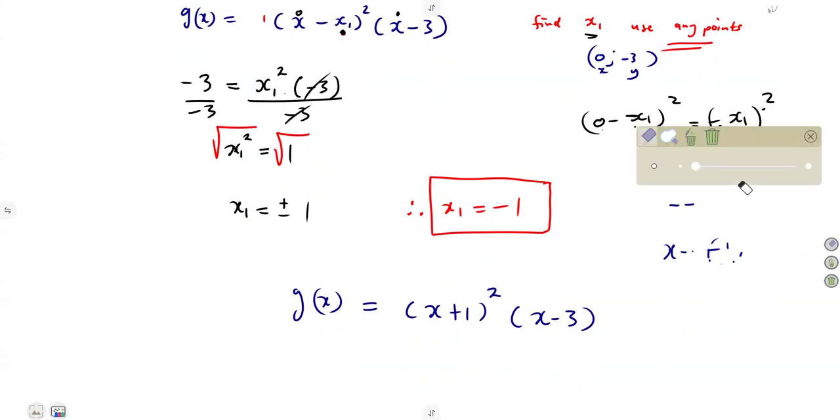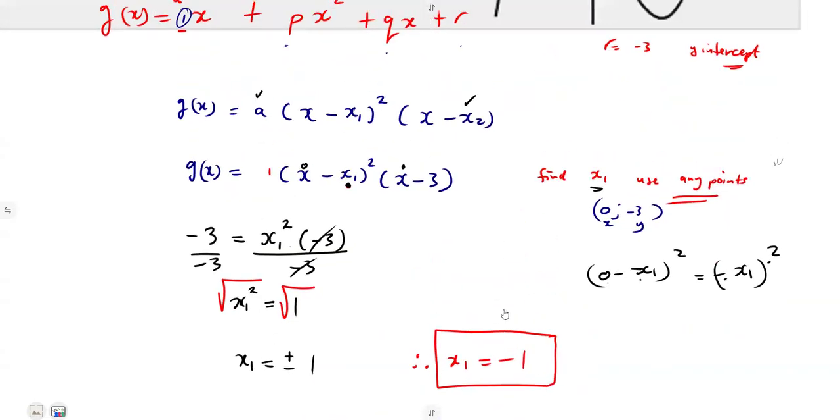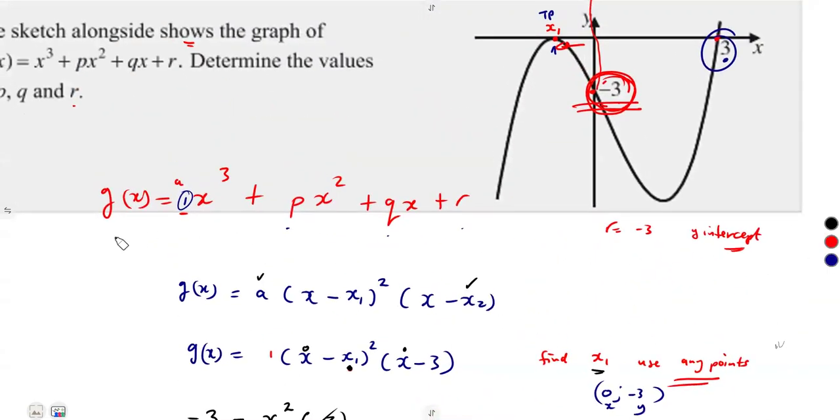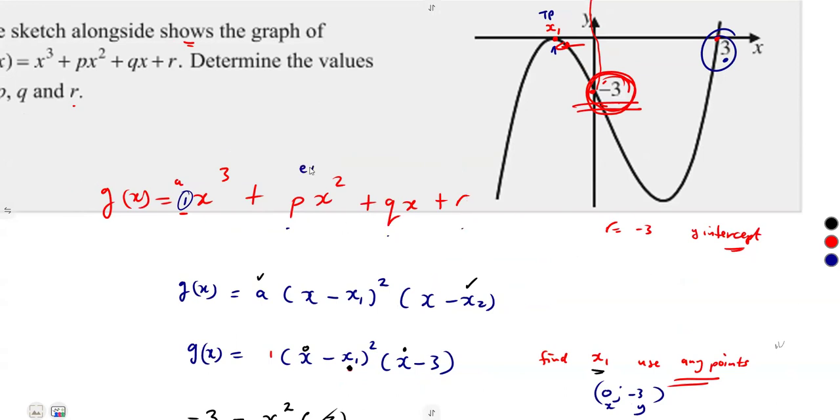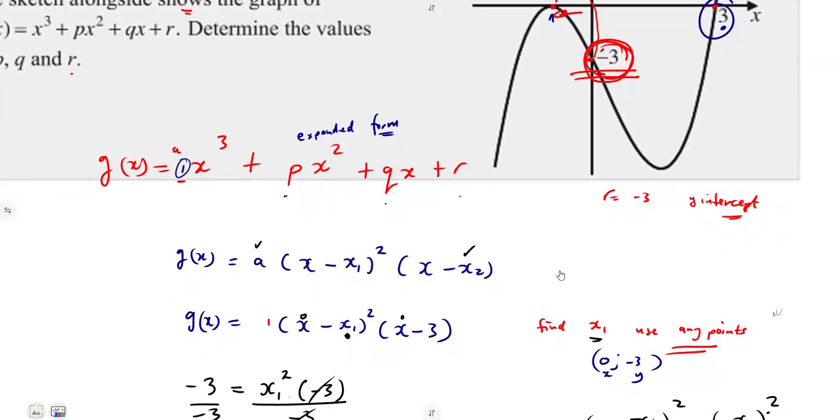So how can we determine those values of P and Q? If you check, this is in expanded form. So simply expand the brackets, write them in that format. We are done.